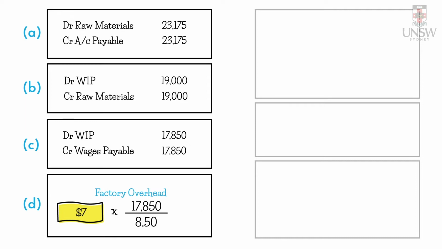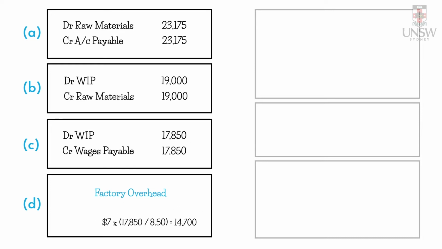That gives us the direct labour hours, multiplied by the overhead rate, $7. This gives us overhead of $14,700. So we debit work in process, $14,700, and we credit overhead control, $14,700.